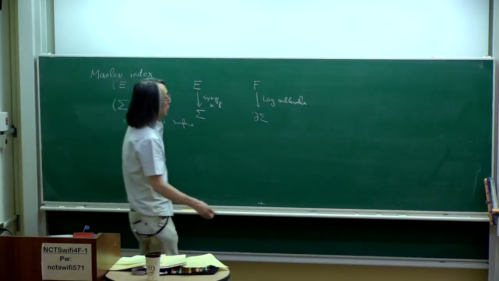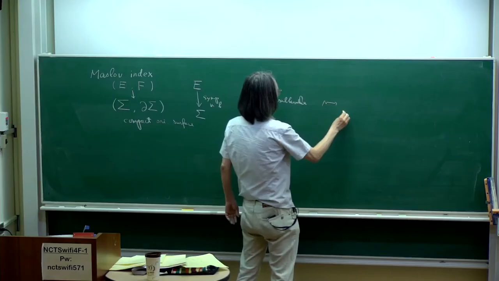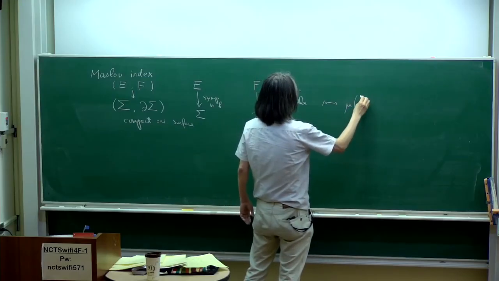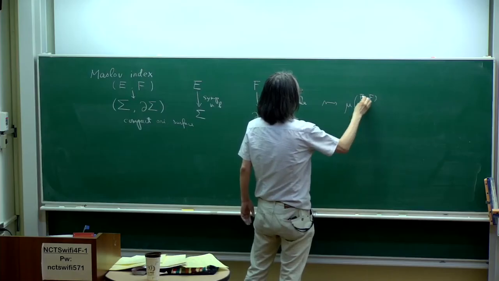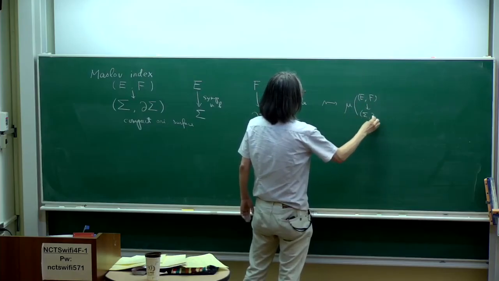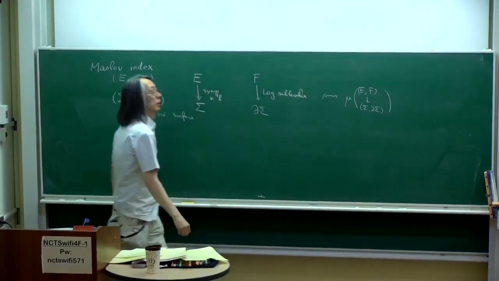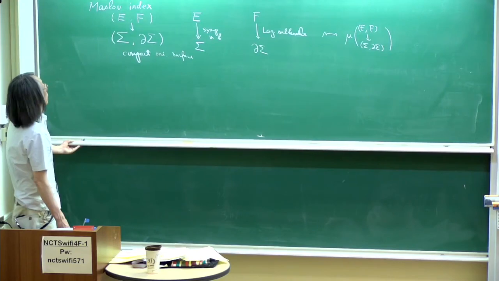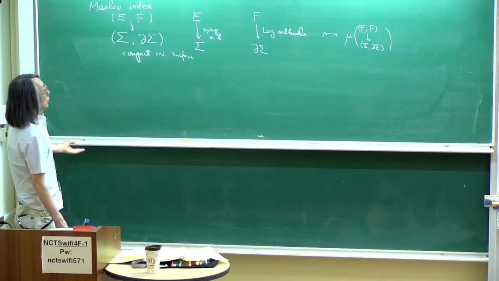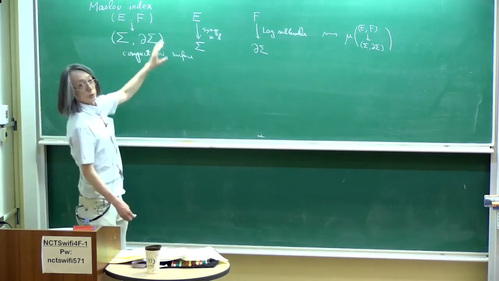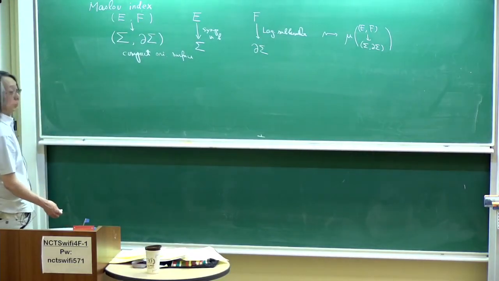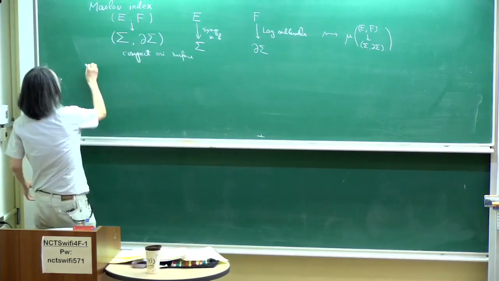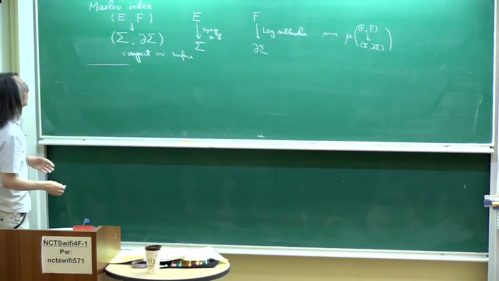And then from here, maybe I define this mu of E, F and sigma, boundary of sigma. But this one is a kind of topological index of a certain Cauchy-Riemann operator. So maybe I start speaking about this.